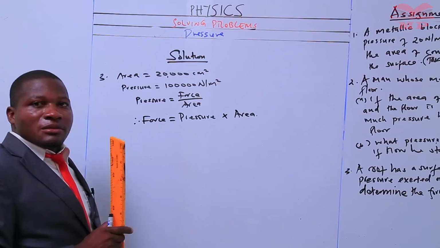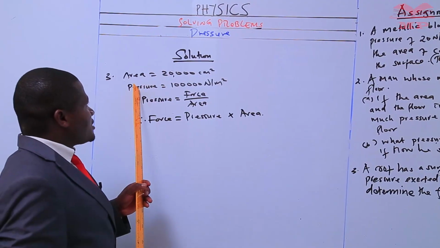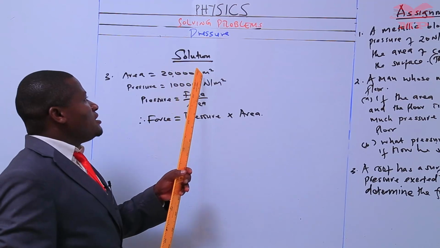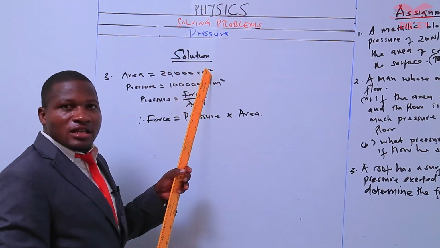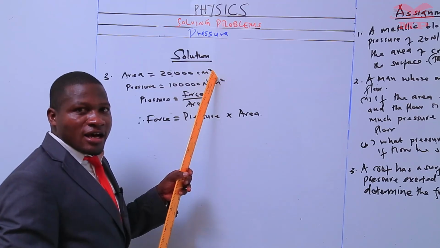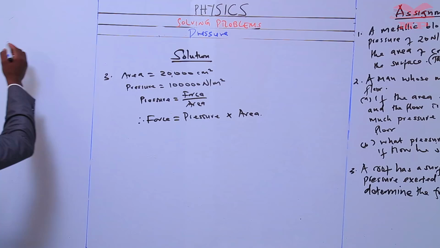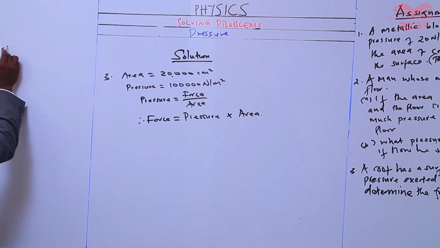Now, we have area, we have pressure. But this area has been expressed in square centimeters. We must convert it back to the SI unit, that is meters squared.